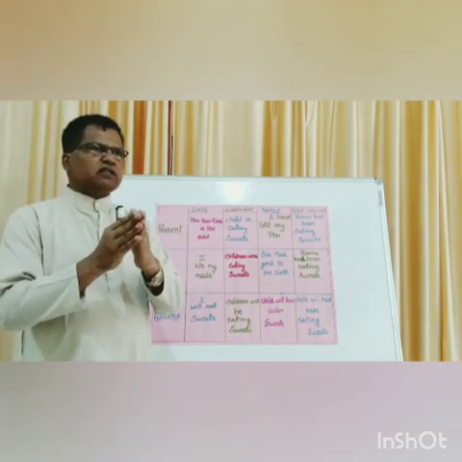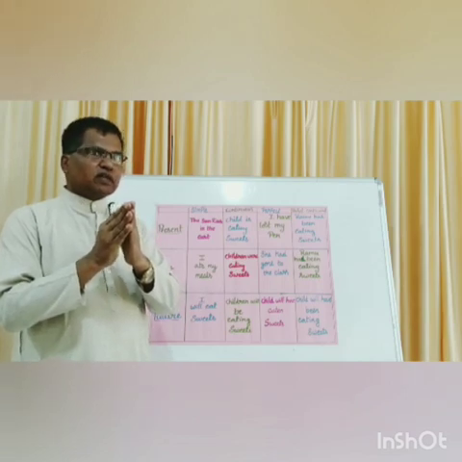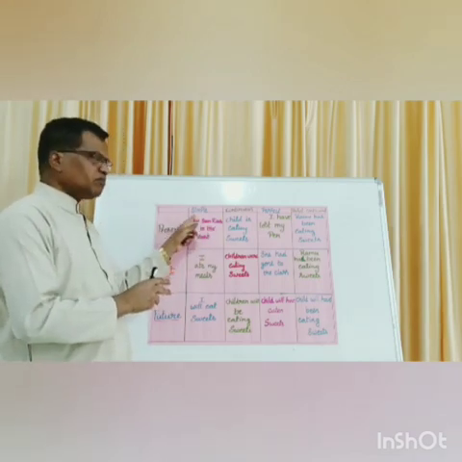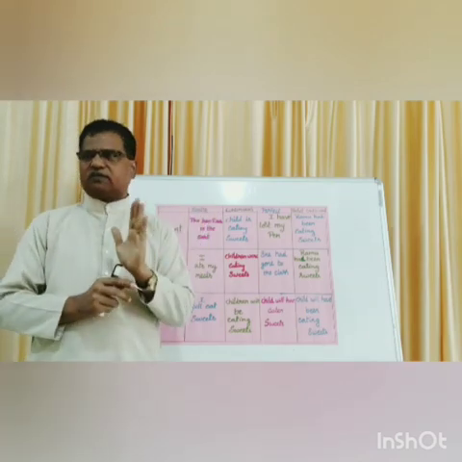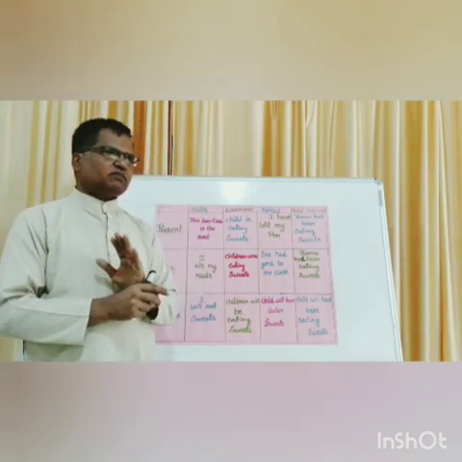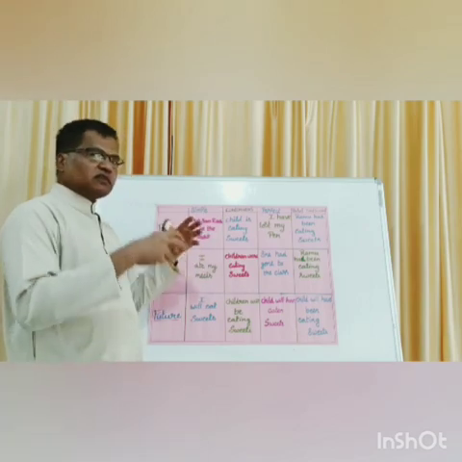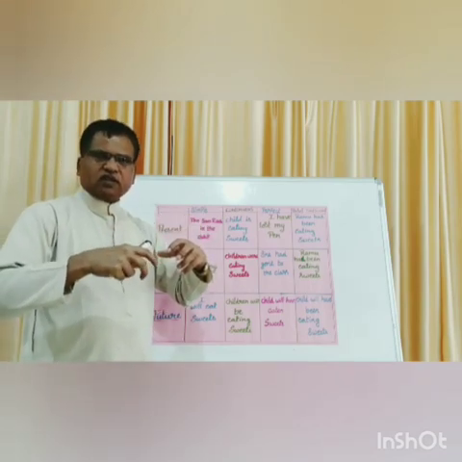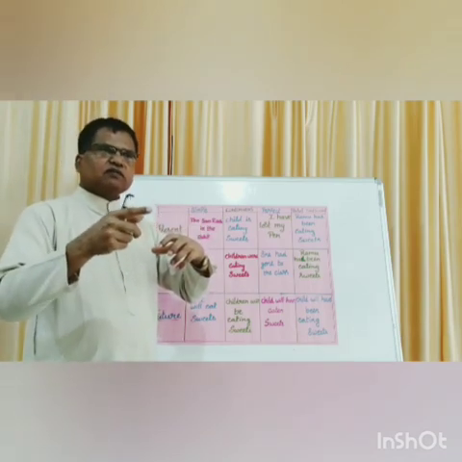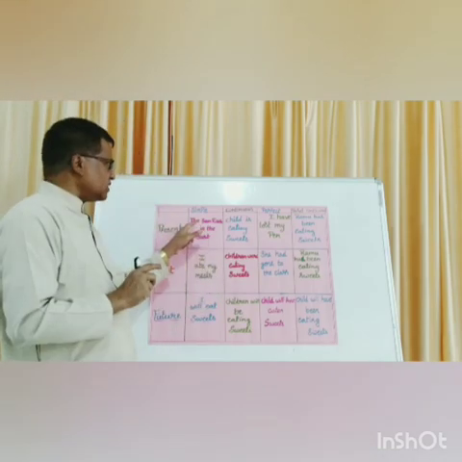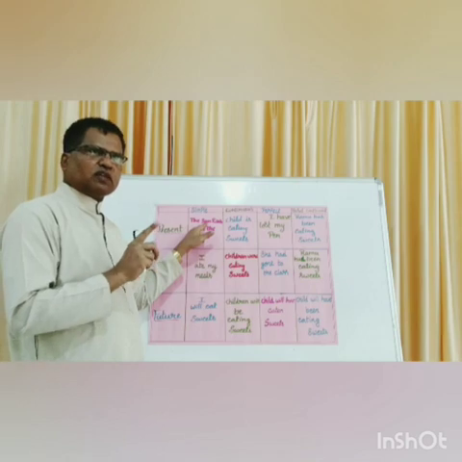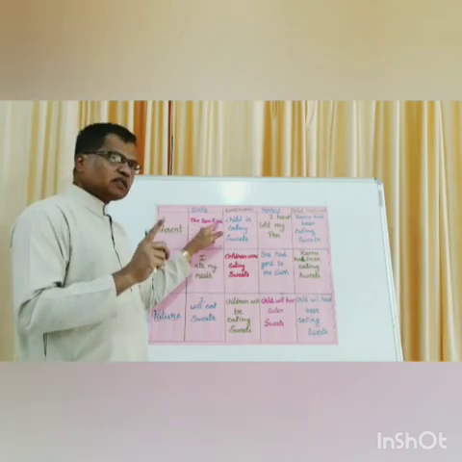Why I say this is, in the present simple, when the subject is singular, the verb will carry the letter S. Is the sun singular or plural? Singular. So, rises.